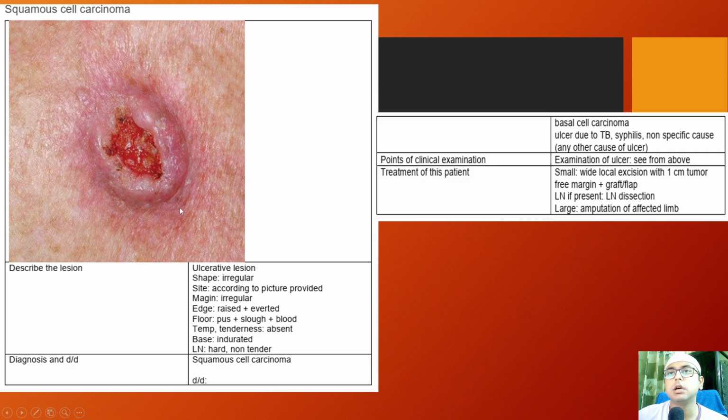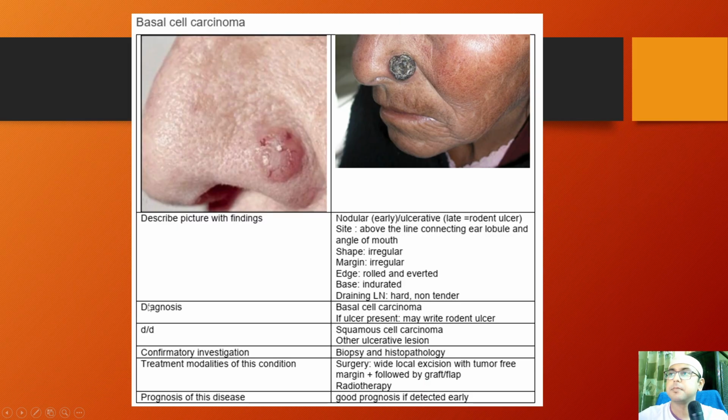We will find the draining lymph nodes, so the lymph nodes should be excised. And in case of an ulcer in the limb, or if it is more extensive or aggressive, in that case amputation should be done in some cases, not all cases, but in some cases.